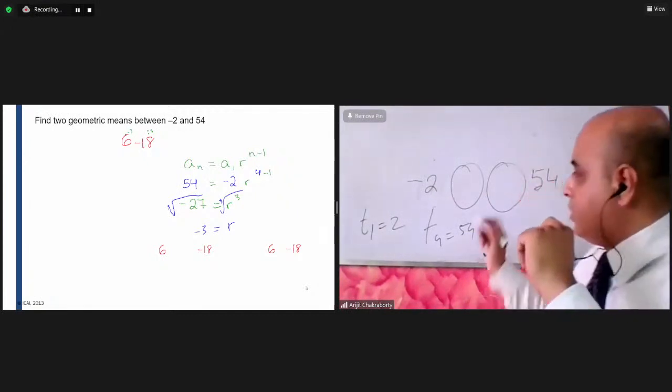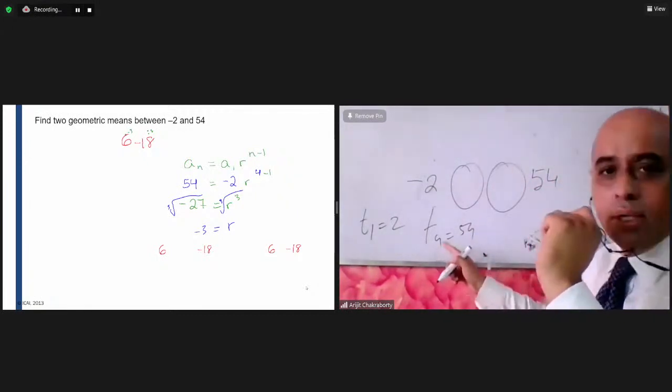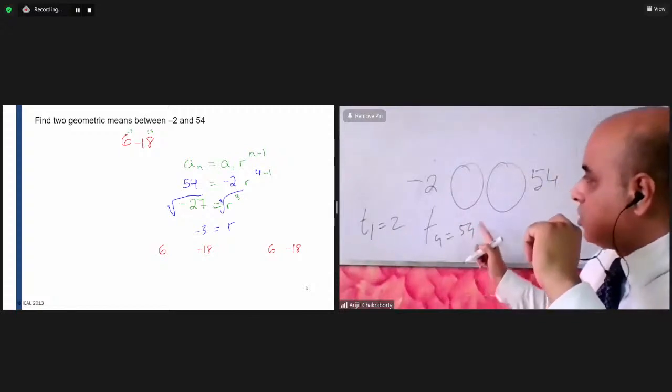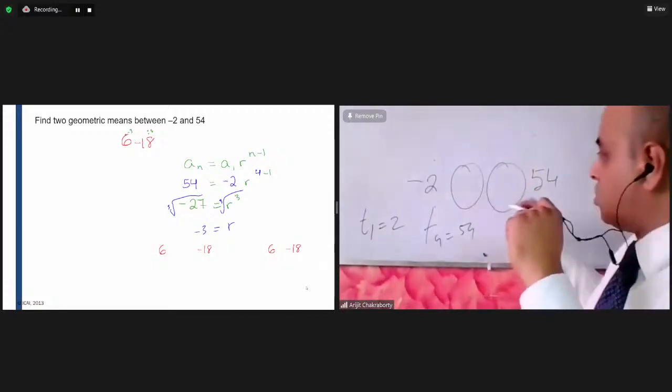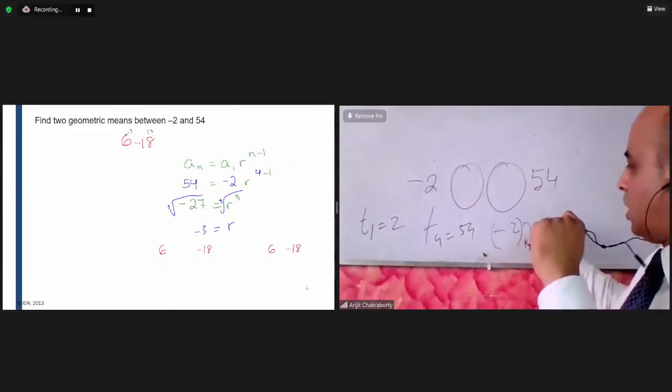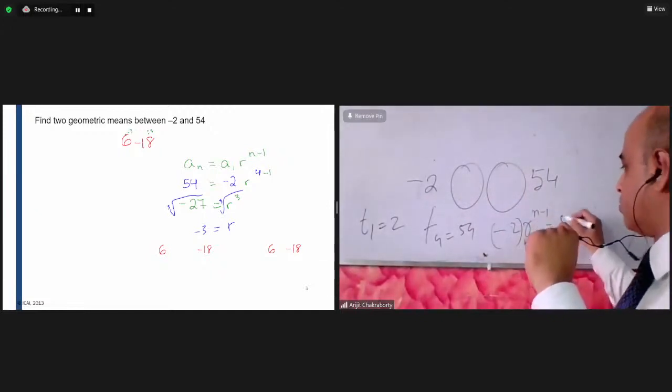We use the formula T4 equal to 54, where A, the first term, is -2. So the formula is -2 R to the power n minus 1 equal to 54.